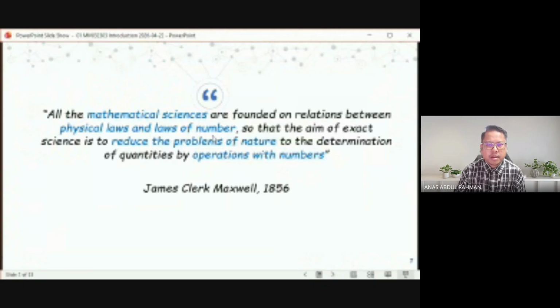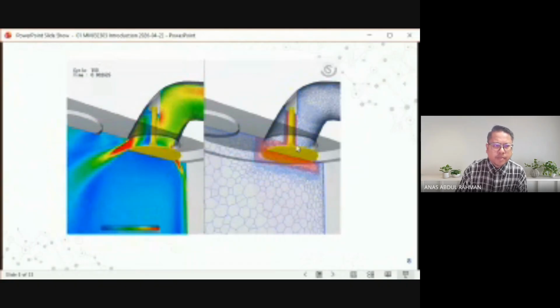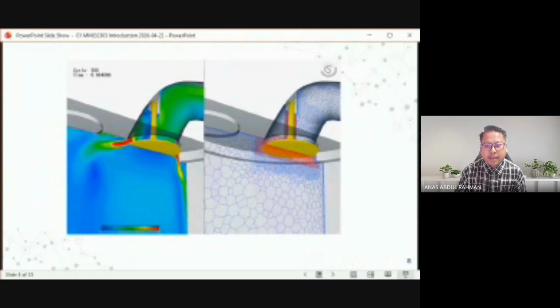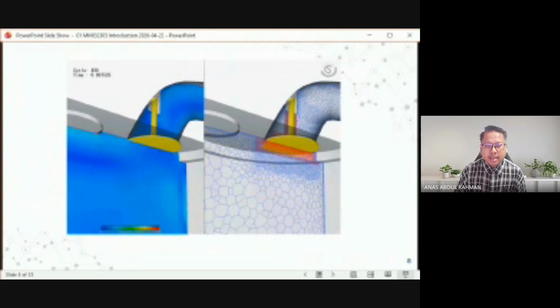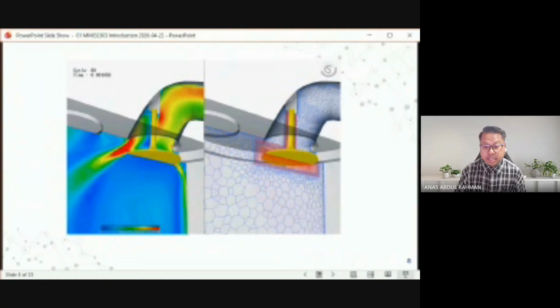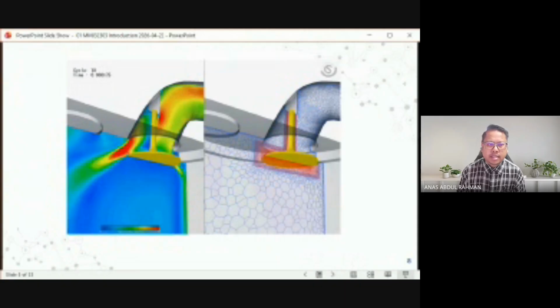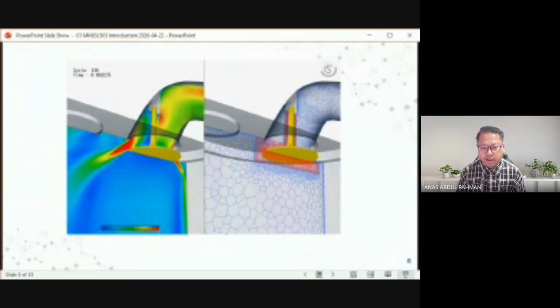Okay. All right. So if you look over here, this is an example of application of CFD and why it is important as future engineers that you have the skills required to do basic modeling. We don't expect you in this short 3 weeks period to be a master or an expert in CFD, but at least you get some idea of what CFD is and how it can be used, especially for your FYP later on.